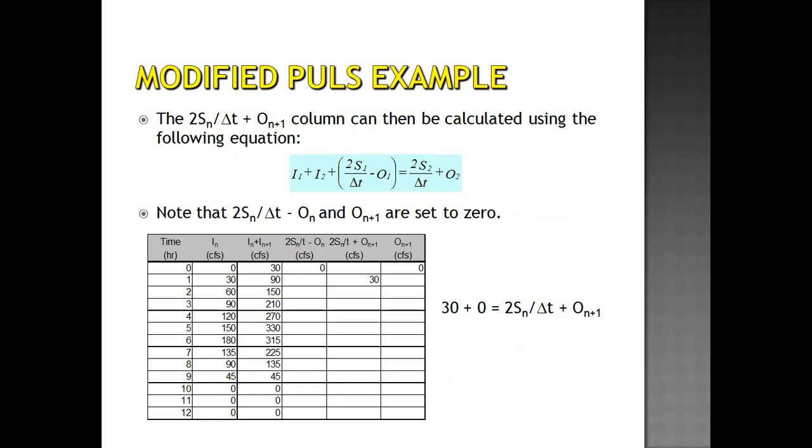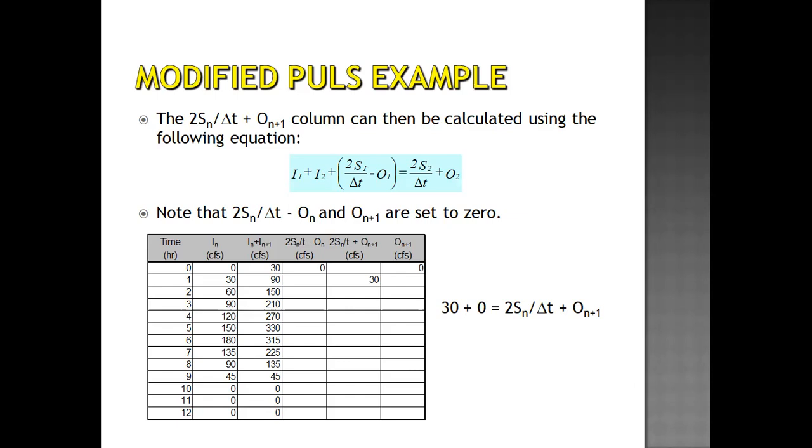The 2S_n+1/Δt + O_n+1 column can then be calculated using the following equation: I_1 + I_2 + 2S_1/Δt − O_1 is equal to 2S_2/Δt + O_2.